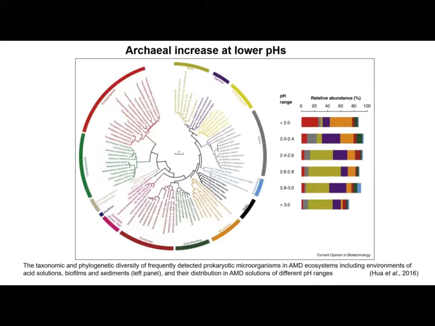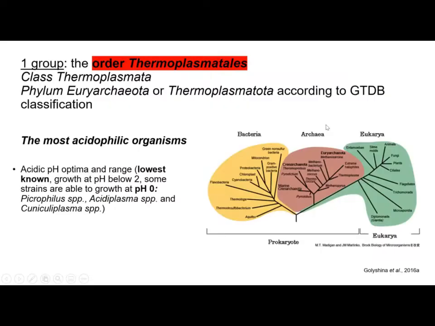As you could see from this diagram, with decreasing pH, we could observe an increase in archaeal numbers. Normally at pH less than 2, archaea could increase their abundance in this environment.